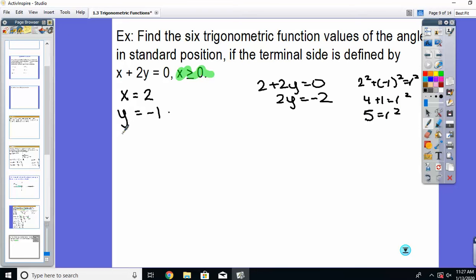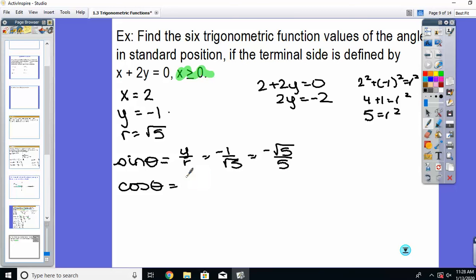So r squared is 5, so r is radical 5. Okay, so sine theta, tell me what's the definition of sine? So we get -1 over radical 5, multiply radical 5 on top and bottom, so negative radical 5 over 5.